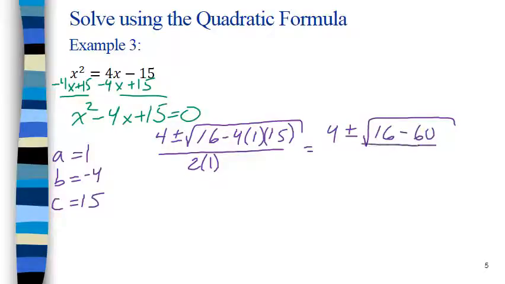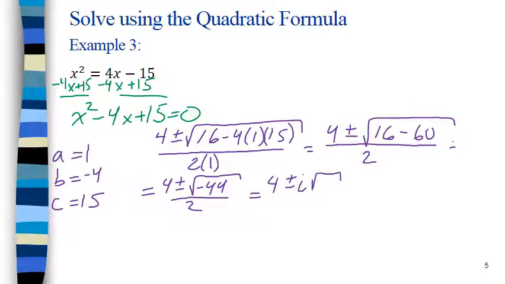Uh-oh, that's not looking so promising. All over 2. So this is going to give us 4 plus or minus the square root of negative 44, all over 2. Square root of a negative number. Well, luckily, we already know how to deal with that. We're just going to rewrite it as 4 plus or minus i square root of 44. There we go.